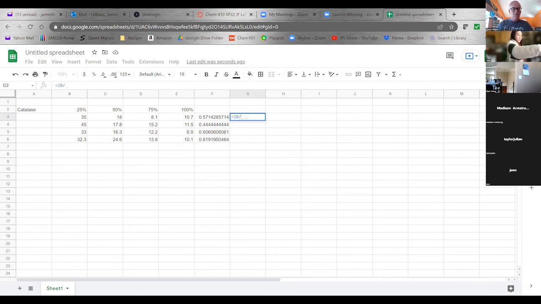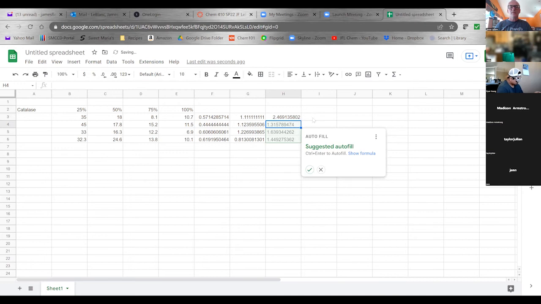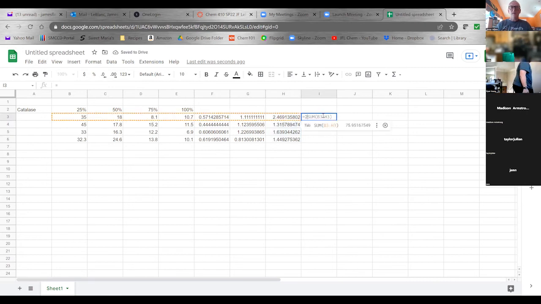Since these are times in seconds, I'm converting them to millimeters per second by taking the 20 millimeters and dividing by the time.